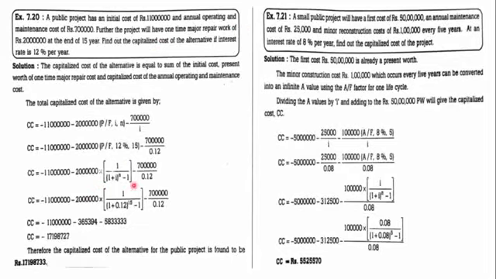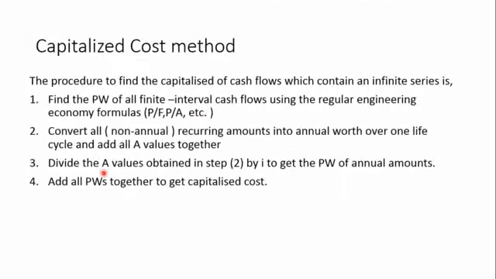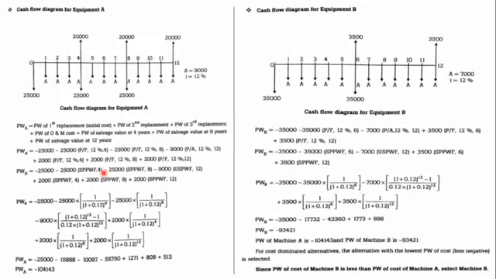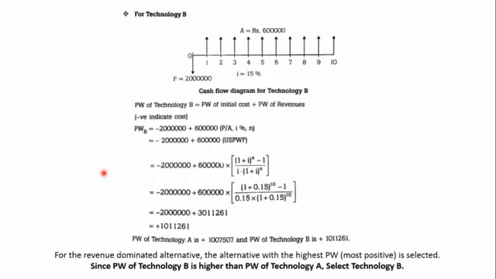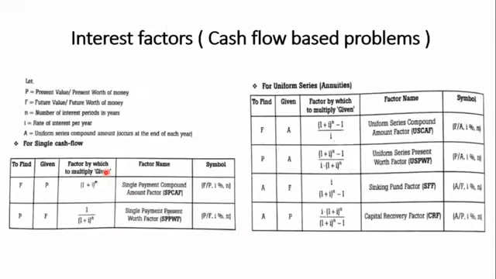To calculate the present worth of that one time major repair work, we have to use the single payment present worth factor. The symbol is P by F, interest, N, and the formula is 1 divided by (1 plus I) raised to N.